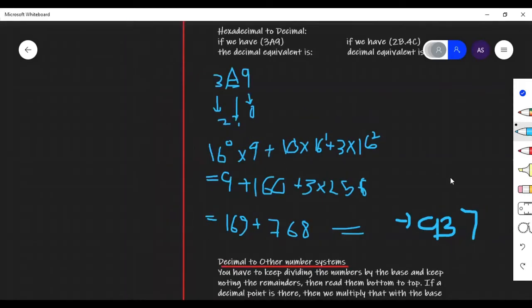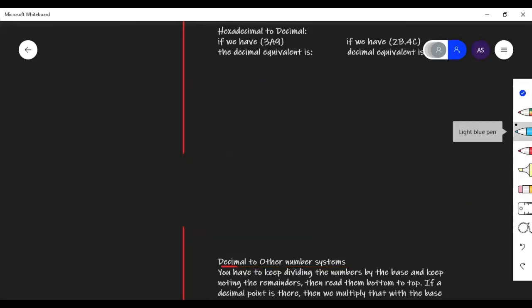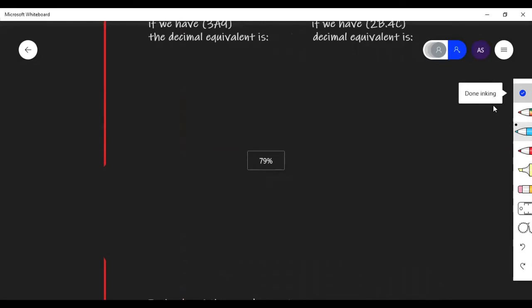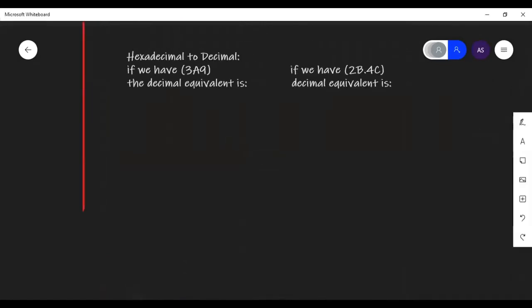Now we're going to discuss the second example. Last example, we have 2B.4C.